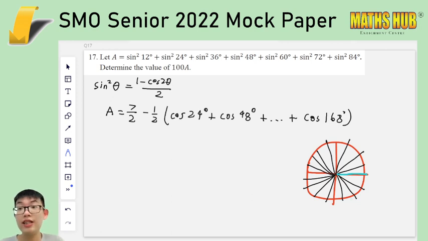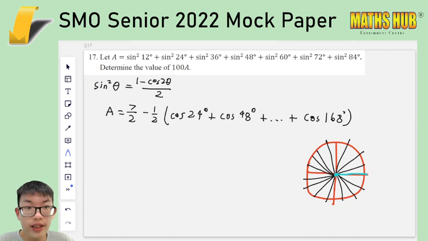Now the analogy I like to use is that imagine you have different people pulling evenly spaced around the circle on an object in the center. Then clearly it's not going to move. And so if it's not going to move, that means that from a bit of physics, the x and y components of the forces balance out. So that means the sum of the sines and the sum of the cosines should still be 0.